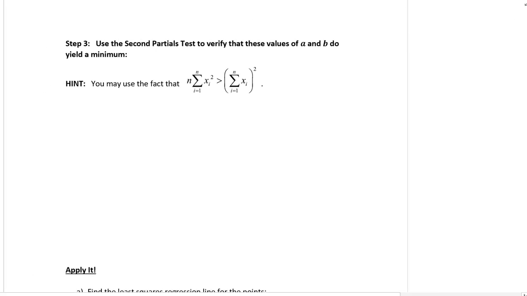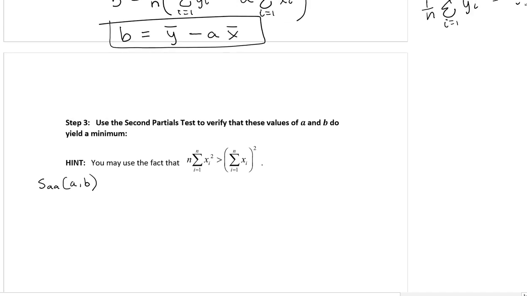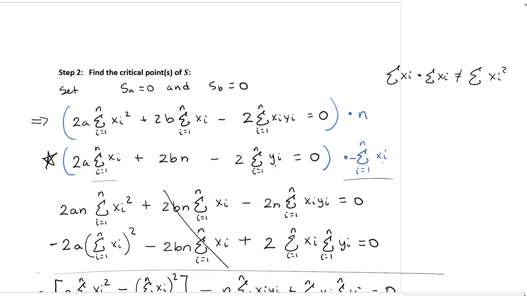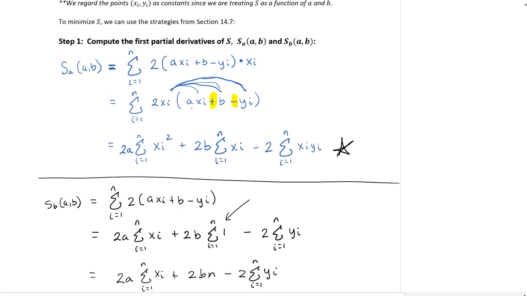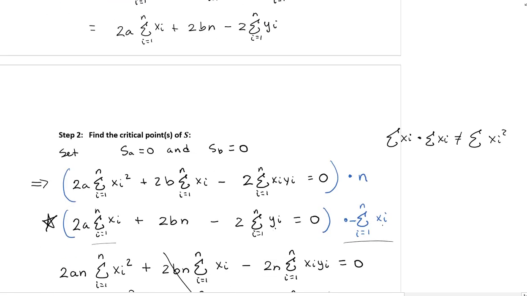So using the second partials test, remember we're going to need some second partial derivatives. So our second partial derivative of s with respect to a, so that is going all the way back to this first page right here, and we're taking the derivative of that with respect to a, noting we only have one term with an a in it.